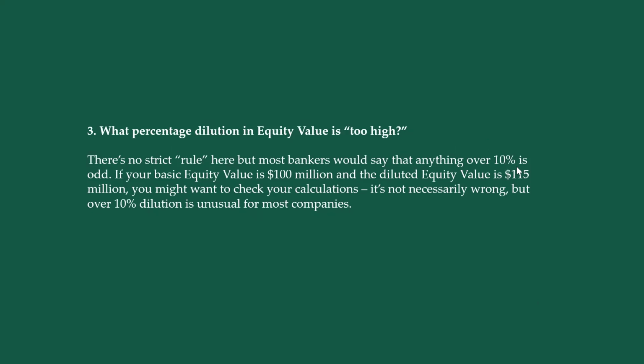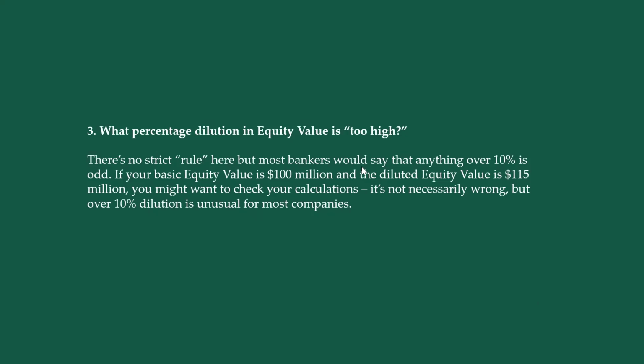10% is considered unusual for most companies. For example, the basic equity value is 100 and the diluted equity value is 115. If we substitute these in and calculate, it's more than 10%. In simple terms, 15% is higher than normal.